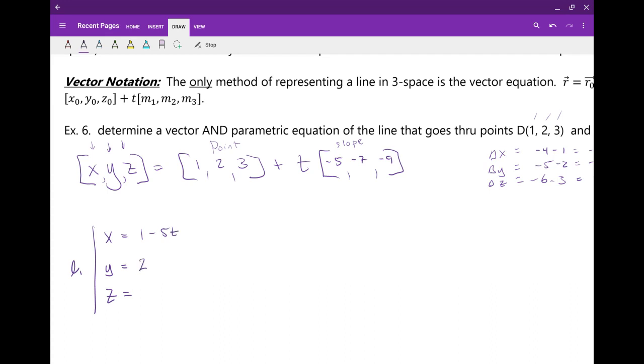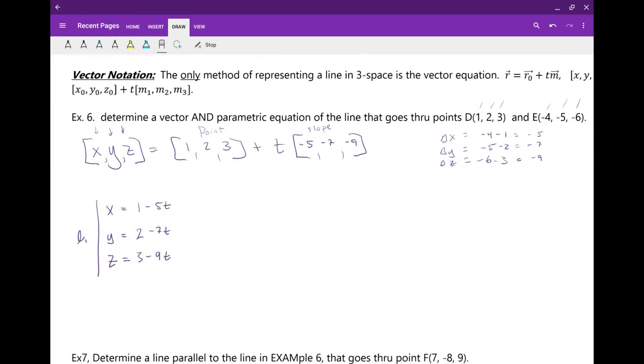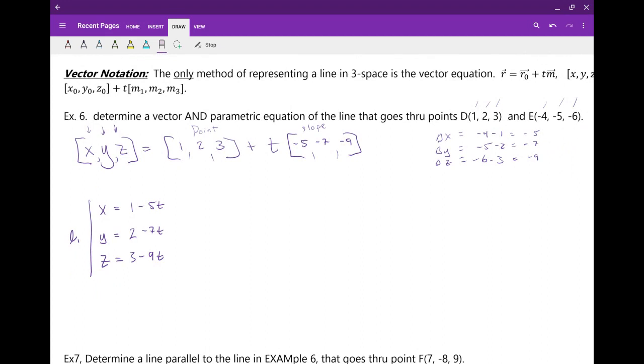My y coordinate is 2 minus 7t. And my z coordinate is 3 minus 9t. I think I called this one z, and it's actually y. So just clearing that up. There it is. Pretty simple. We hardly wrote much at all, and we were able to define a line that goes through 2 points, E and D.